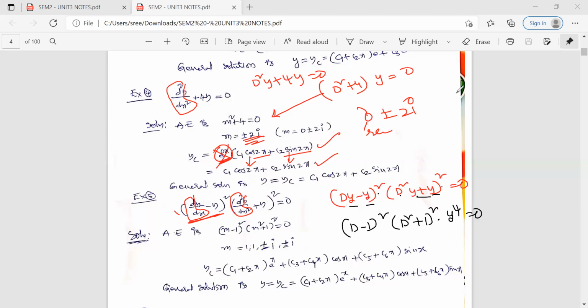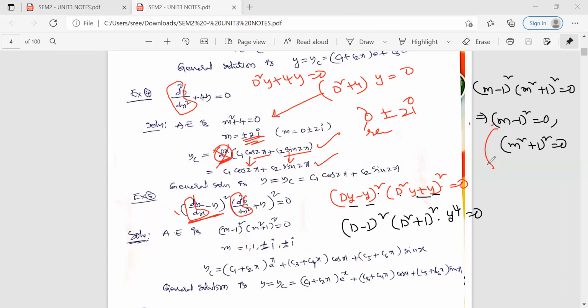Now I write the auxiliary equation. What is the auxiliary equation? (m minus 1) whole square into (m square plus 1) whole square equals 0. That implies (m minus 1) whole square equals 0, comma, (m square plus 1) whole square equals 0. Okay, is it clear? Next.